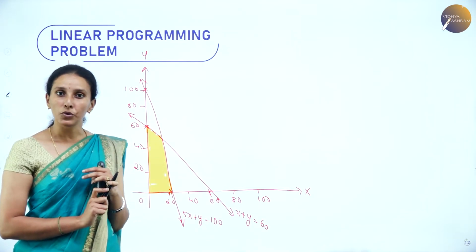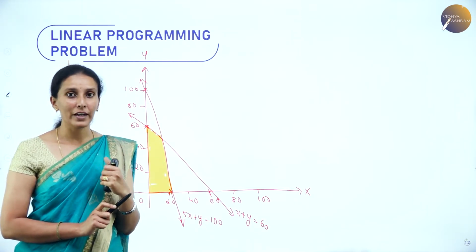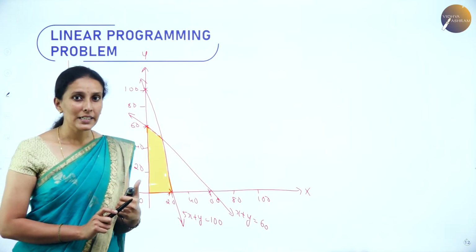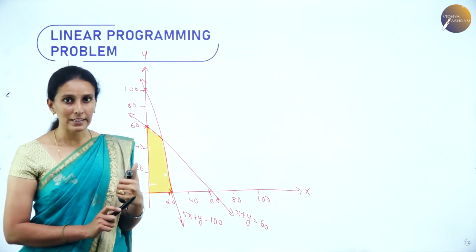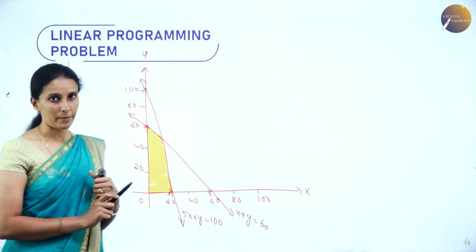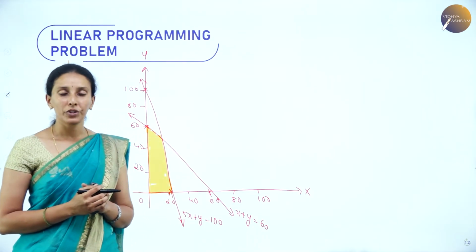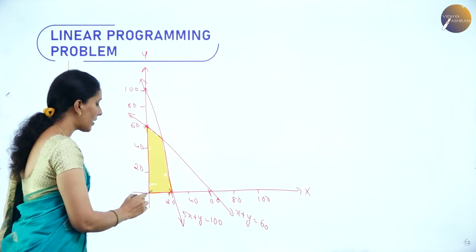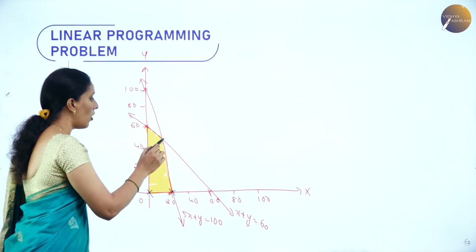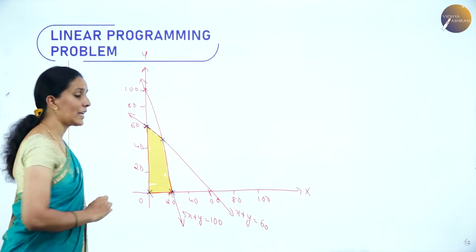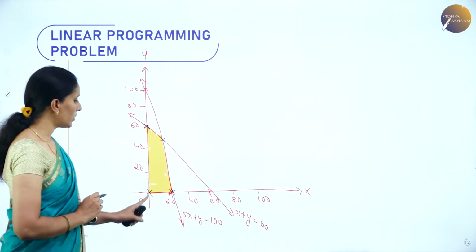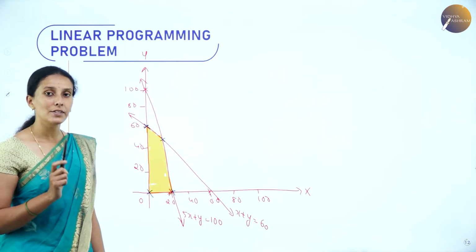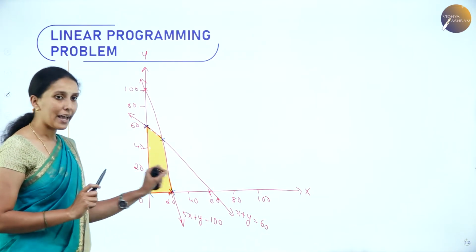Next, what I am supposed to do is find the maximum value for the linear function z is equal to 250x plus 75y. So what is the next thing I am going to do? Once you find the feasible region, mark the corner points of the feasible region where the edges meet. These 4 points will be the corner points, and write their coordinates.